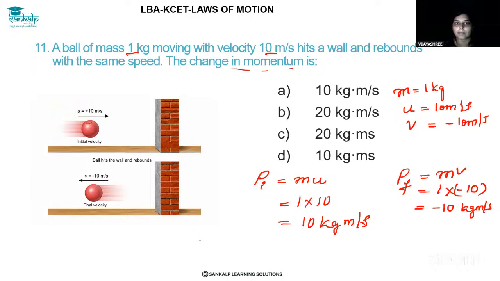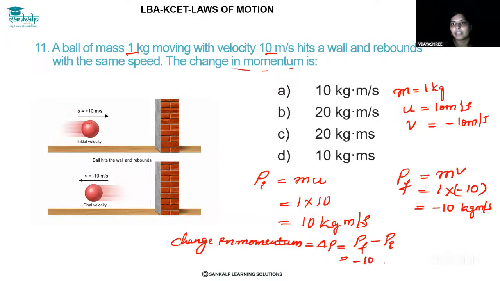So the change in momentum, delta p, is equal to p final minus p initial, which is equal to minus 10 kg meter per second minus 10 kg meter per second, which is equal to minus 10 minus 10, which is equal to minus 20 kg meter per second.